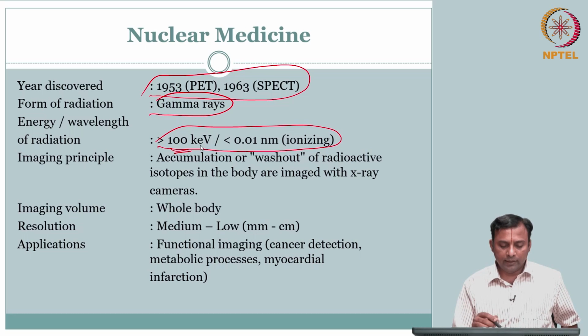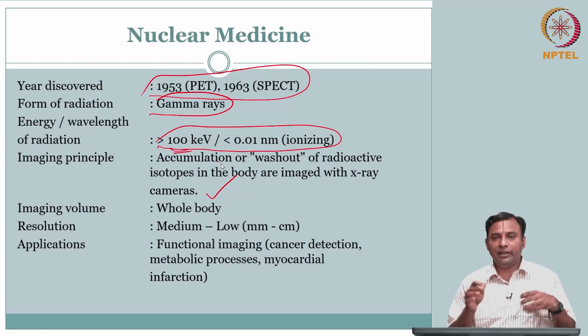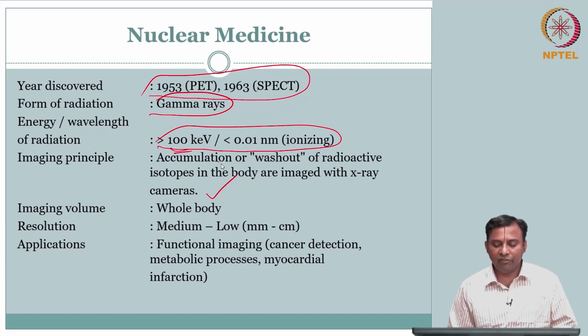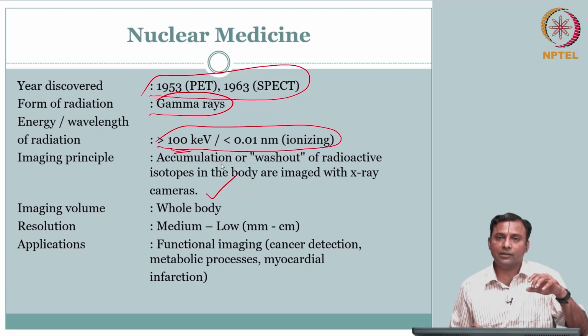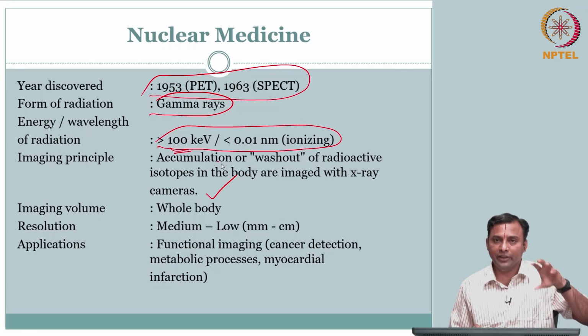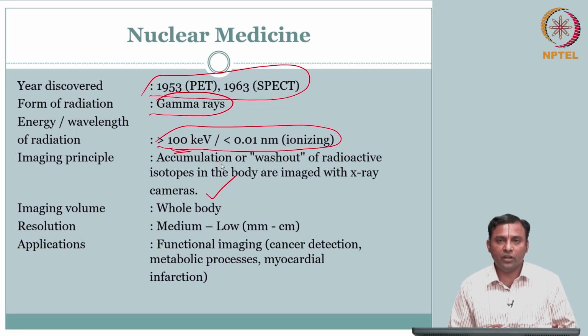I think the imaging principle we saw: you give the radio tracer, it accumulates wherever there is activity and sends out radioactivity from that location, and so you infer from that activity that the concentration of this radio tracer is related to the functional aspect of that physiology.